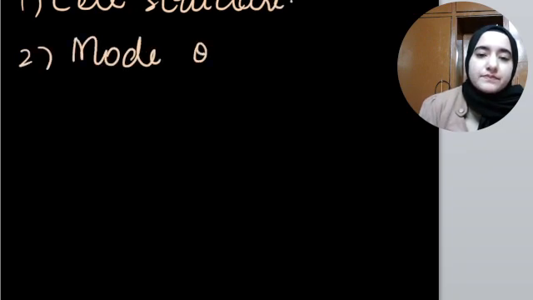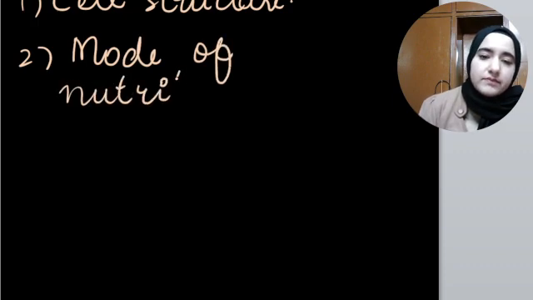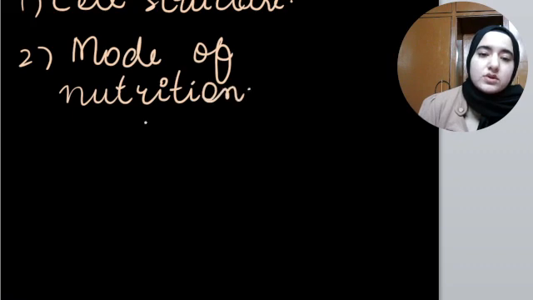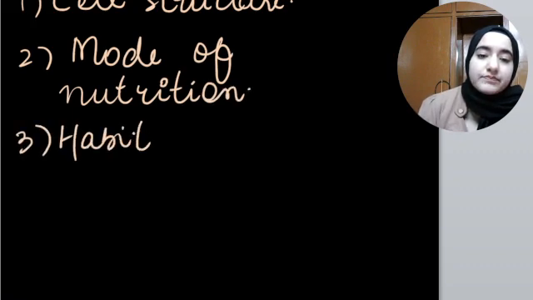Let me write it down here. We need to study about cell structure. We need to study about mode of nutrition, right? We need to study about habitat, what's the habitat of the organism.